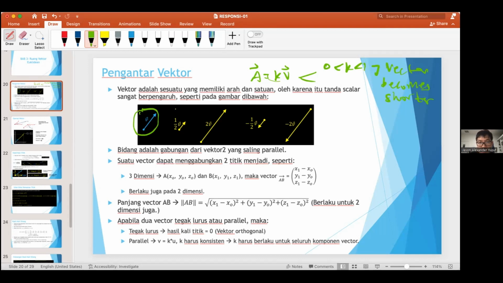If K is greater than 1, the vector becomes longer, as seen here. And if K is negative, the vector changes direction.